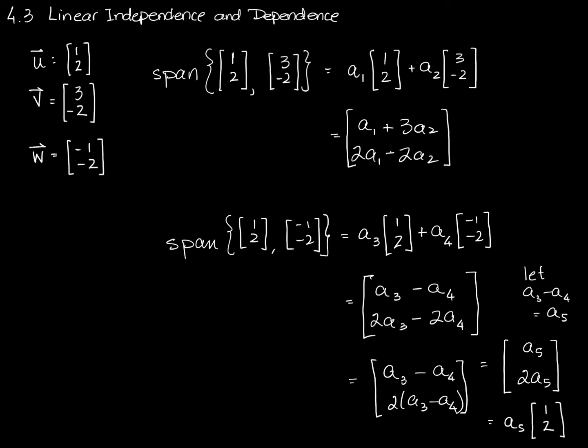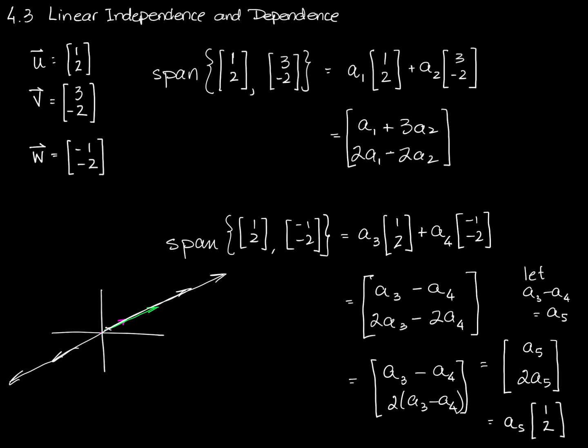And that matches what we said in our previous video, that if you have two vectors that are scalar multiples of one another, then the span of those two vectors would only be a line. These are all scalar multiples of those two vectors. Not to scale, but you get the idea.